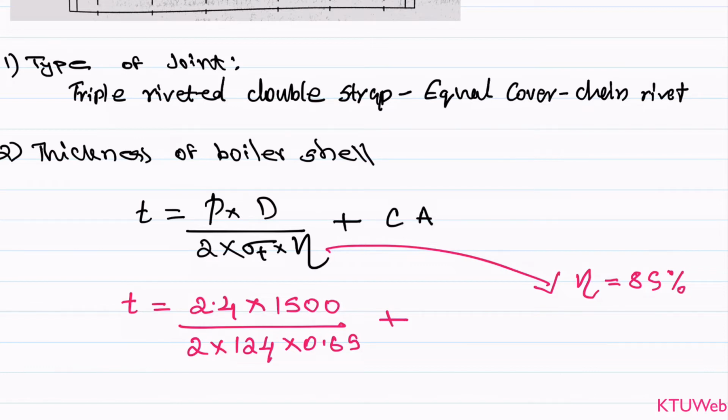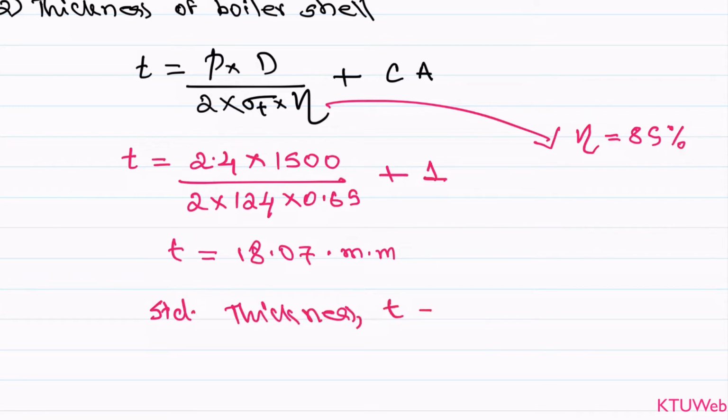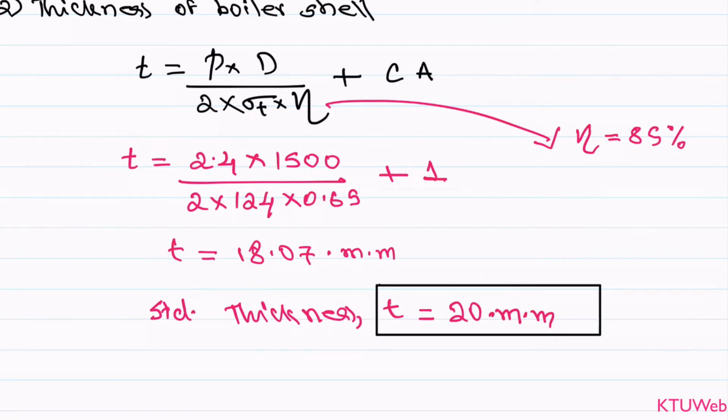Here we take corrosion allowance as 1 mm. So upon solving, you will get T is equal to 18.07 mm. When we check with the data book, you can find the standard thickness of plate. T is equal to, we are going to set it as 20 mm. So that is all about finding the thickness of plate. T is equal to 20 mm.